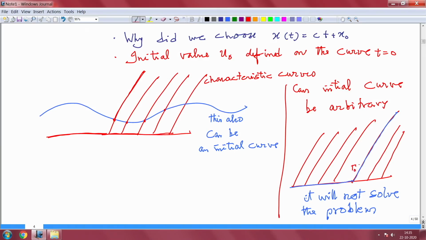You see. So, that actually indicates that your initial curve should not be a characteristic curve at any point. It should not be parallel. These are the conditions, the geometry which you need to understand. If the initial curve happens to be a characteristic curve or a portion of a characteristic curve, then it is possible that many of the characteristics will not intersect your initial curve.